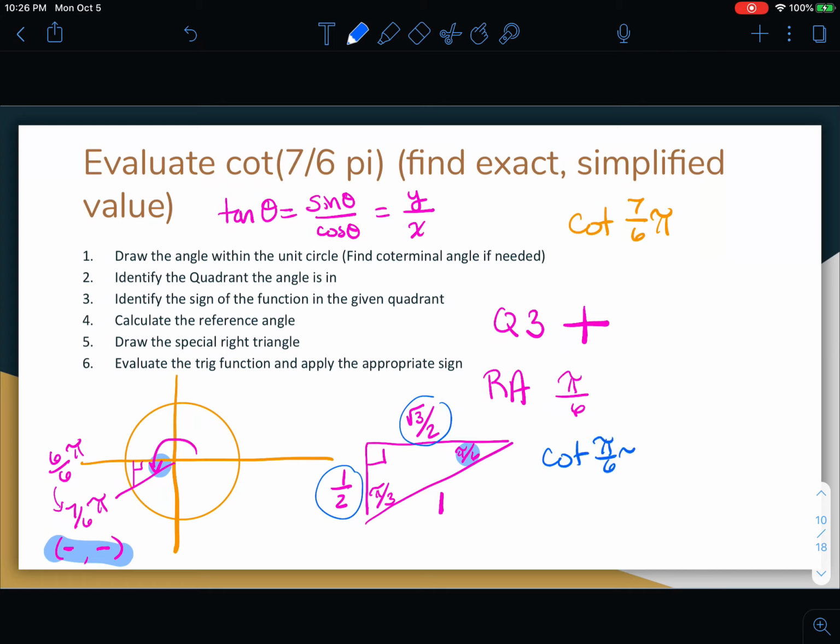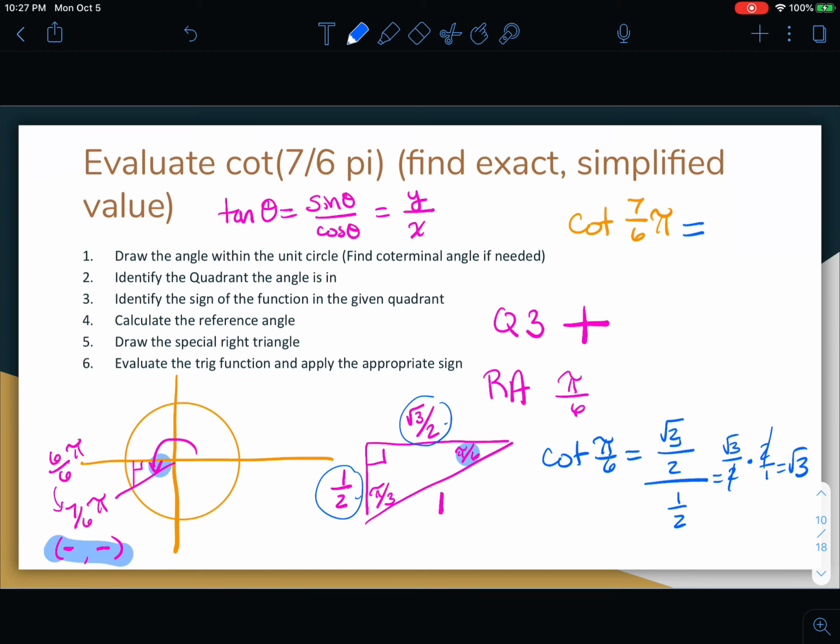Cotangent of 1/6 pi, oopsies, equals, so again, instead of the opposite over the adjacent, we're going to say the adjacent over the opposite. This is the same as multiplying by the reciprocal. So radical 3 over 2 times 2 over 1. These cancel, and I'm left with radical 3.